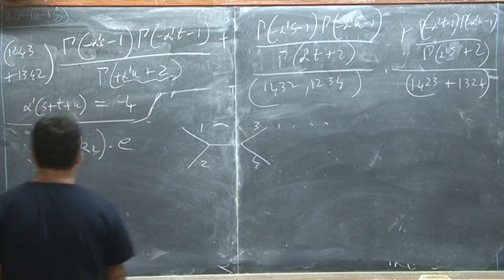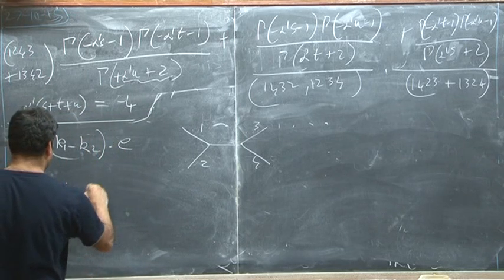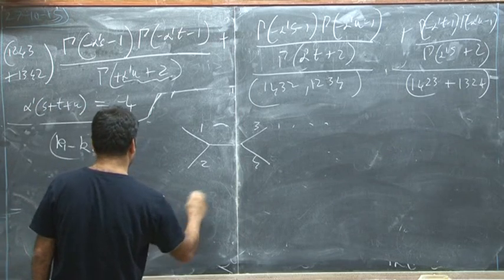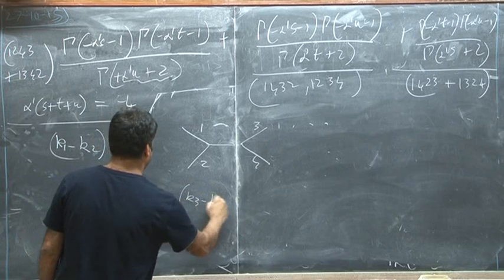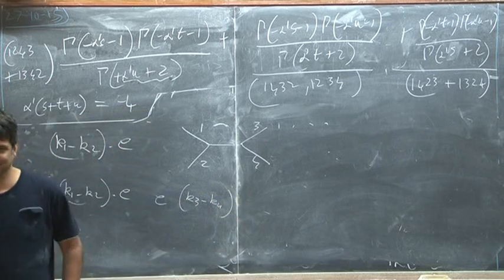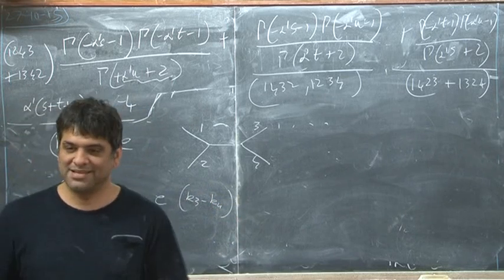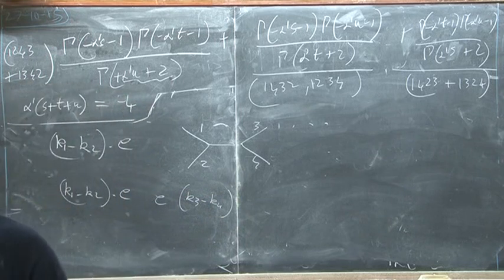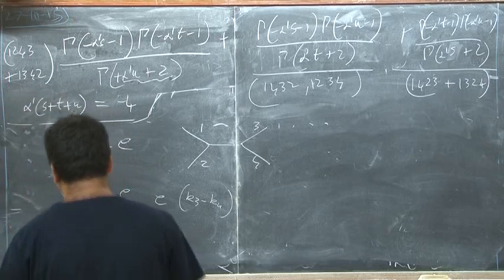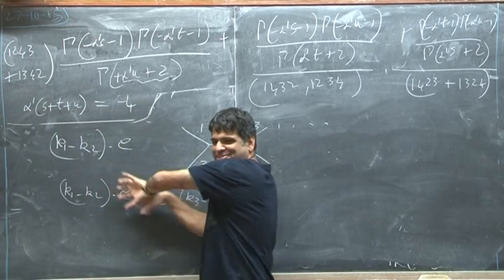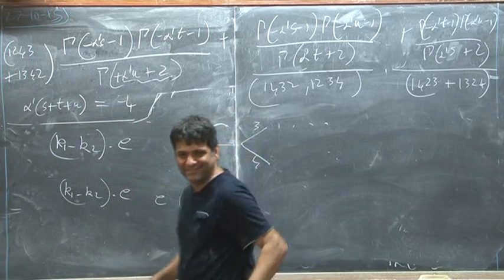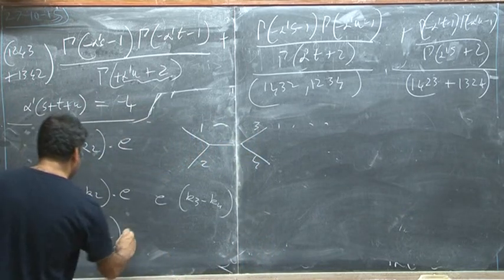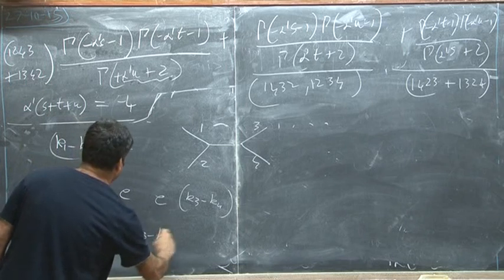What are we going to get? We're going to get K1 minus K2 dot E times E dot K3 minus K4. What do we do with the polarization vector? Sum it over everything. Okay. So once again, this is like insertion of identity in the middle. So K1 minus K2 dot K3 minus K4.